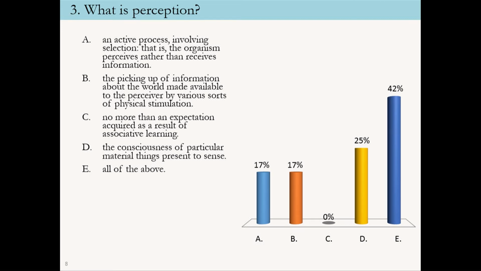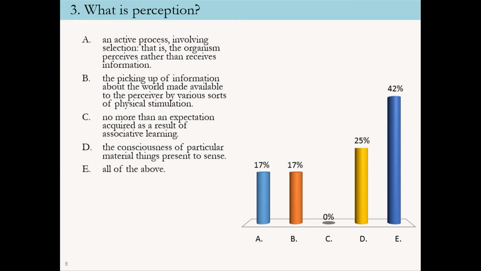So all of the above are correct definitions of perception. So even if you said A, B, C, or D, actually everything are definitions that I have found in textbooks while looking for that. And they are not the only definitions out there. If you go and see what perception is, you will probably find dozens or more than that definitions of perception.